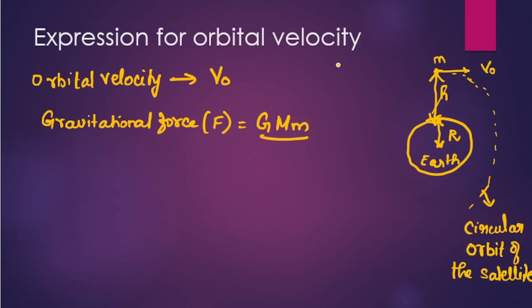Our radius is r plus h, because this whole distance will be our radius. So here it will be r plus h the whole square. We are going to consider this our first equation.